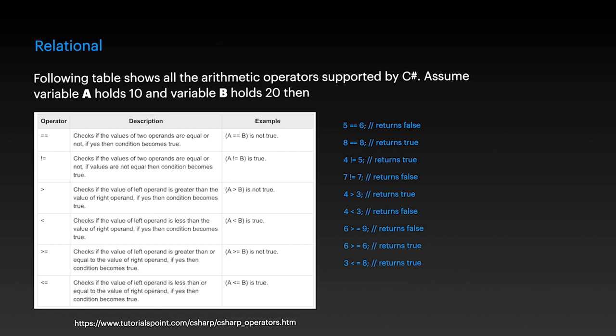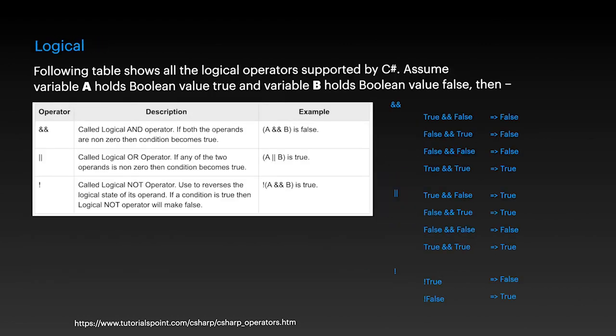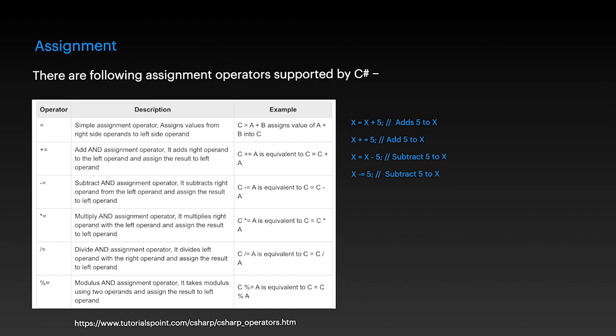Double equal means checking true or false. But if you see a single equal, it means assign to. C equals A plus B, right? So it means that C is assigned the value of A plus B.